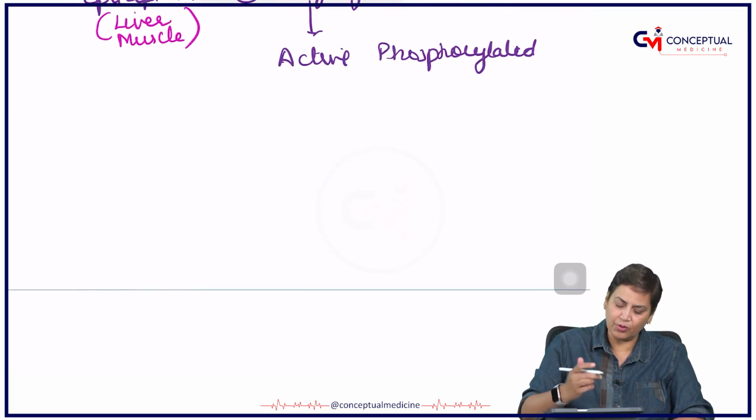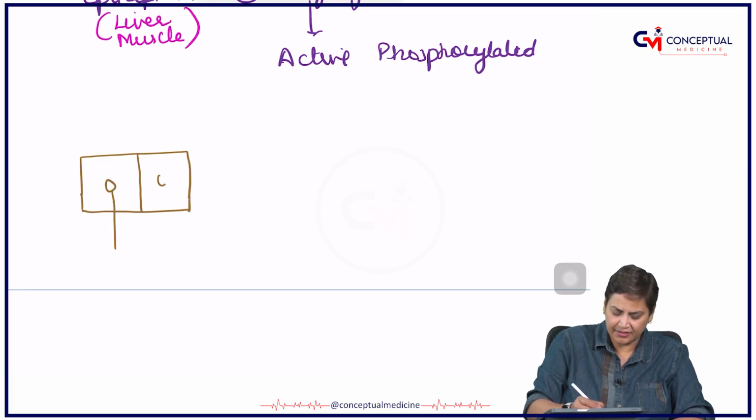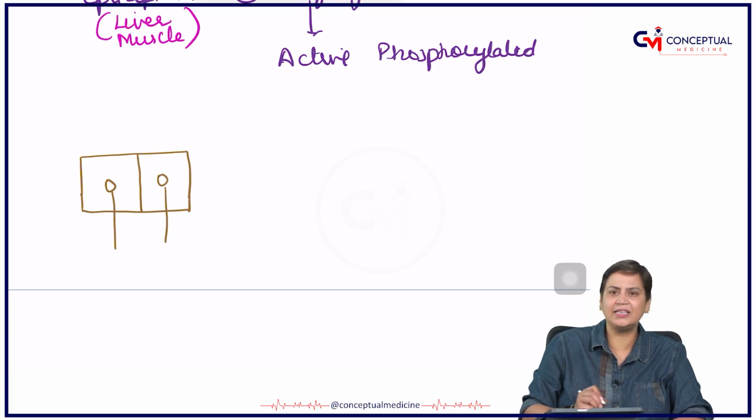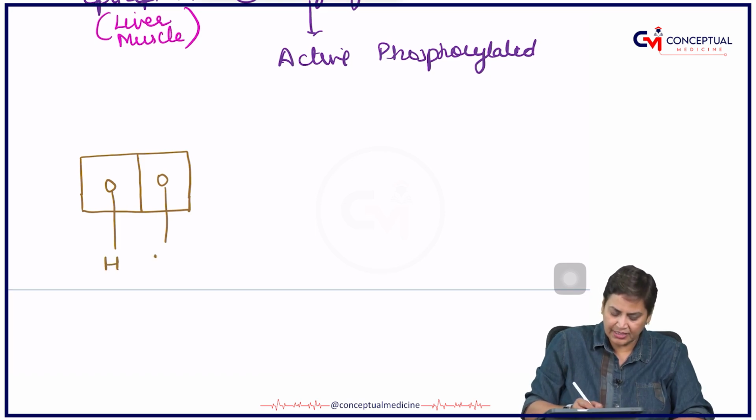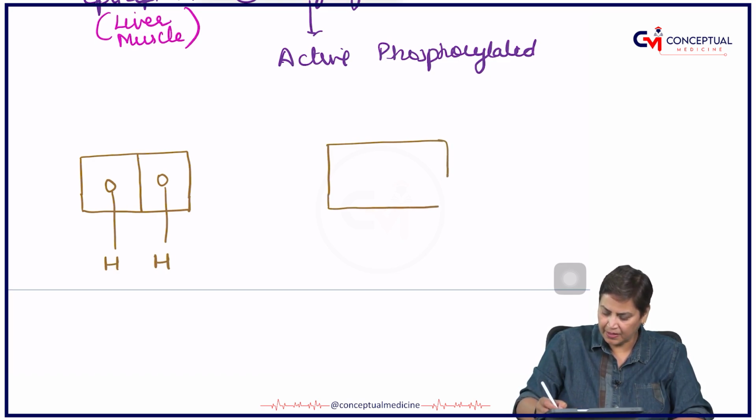And if we talk about the structures again, this is actually serine. Glycogen synthase and glycogen phosphorylase, if you look at the structures, serine is present at the active site. So it is occurring in two forms. OH is there and the second is OP.